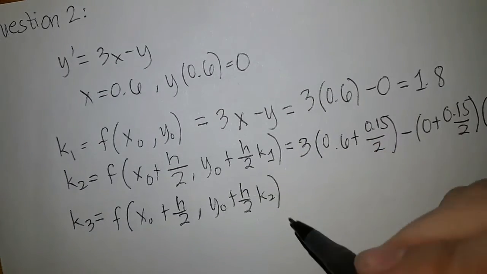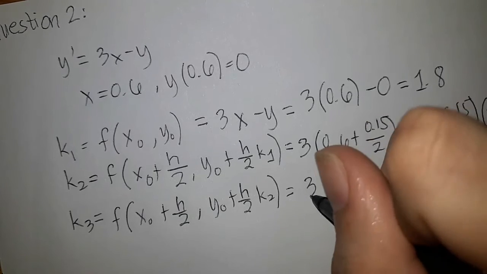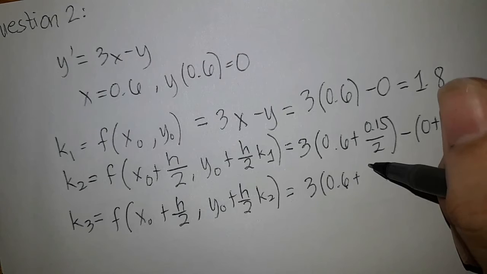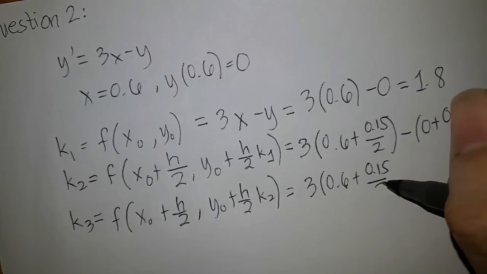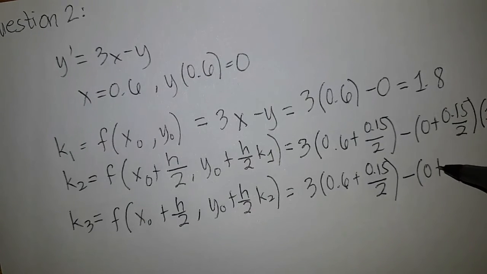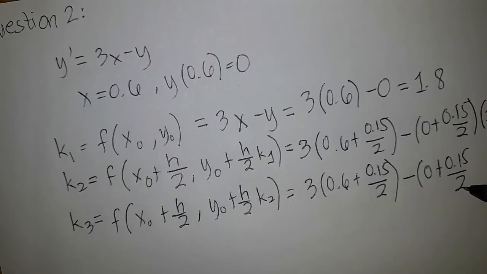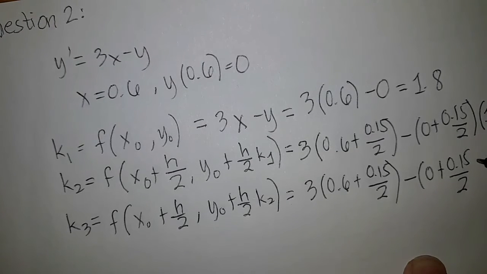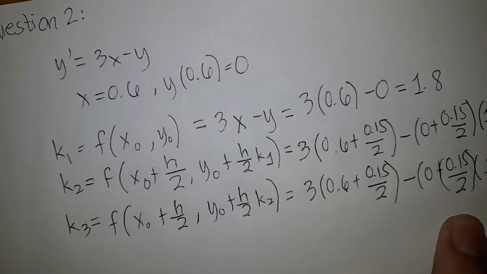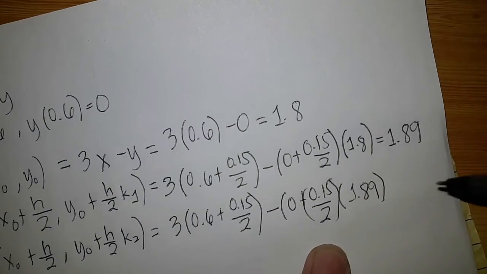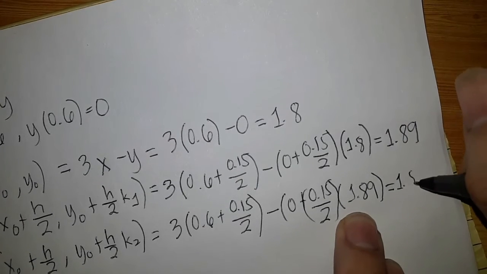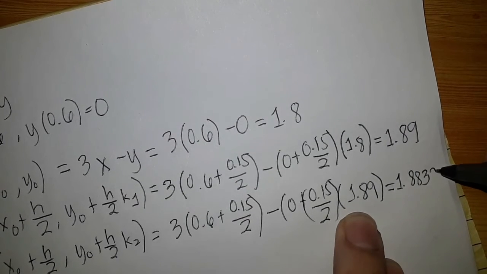So this will become 3 times 0.6 plus 0.15 divided by 2, minus 0 plus 0.15 divided by 2 times the value of k2, which is 1.89. So this is equal to 1.88325.